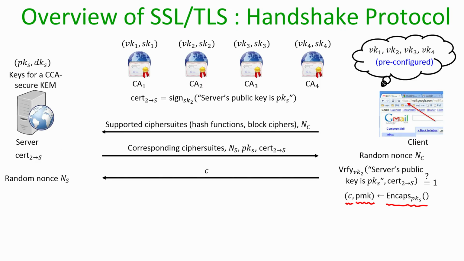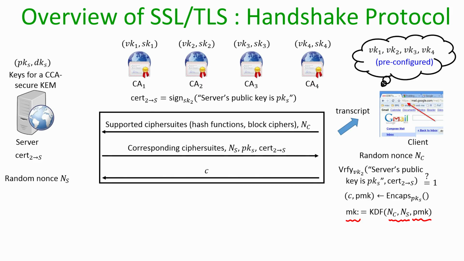The encapsulation C will be sent to the server, and the client is going to run a key derivation function on the inputs NC, NS, namely the two nonces which are picked by the client and the server respectively, and the pre-master key, and the output is considered as a master key.